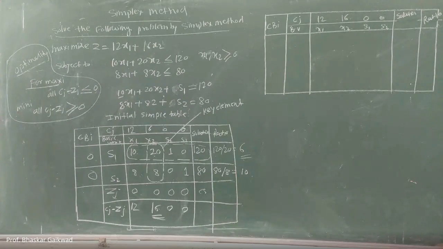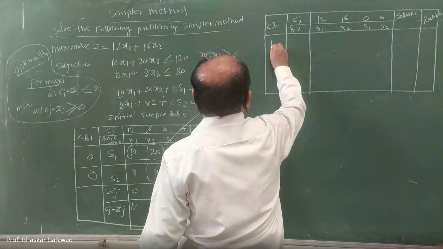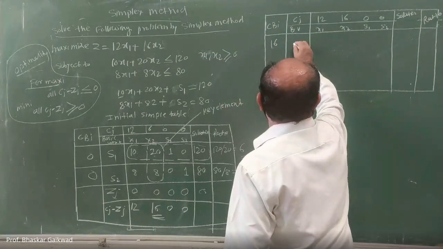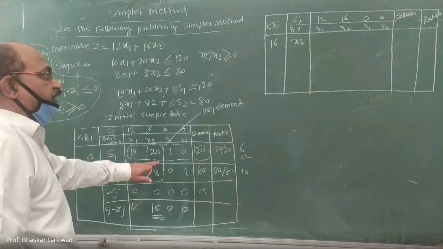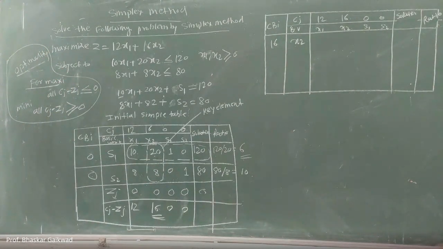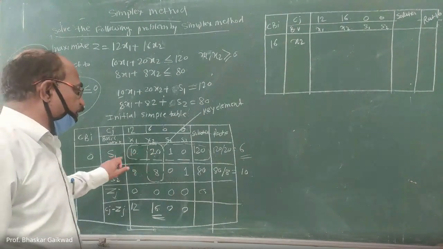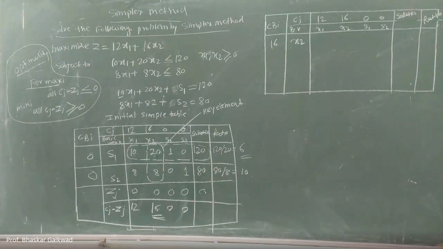So you can write 60 as it is, and X2 will be there because S1 is the outgoing variable. After that, you divide all elements of the row by the key element 20, and you will get the next values.